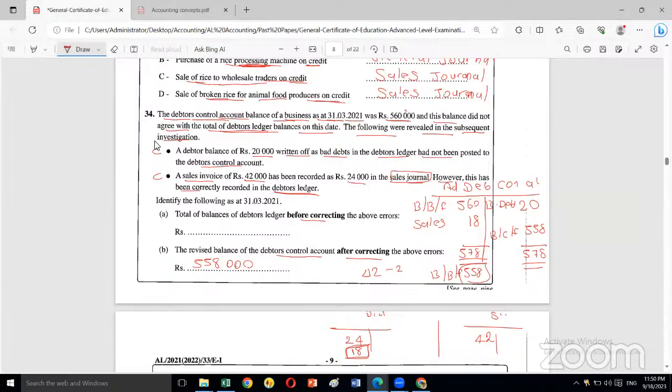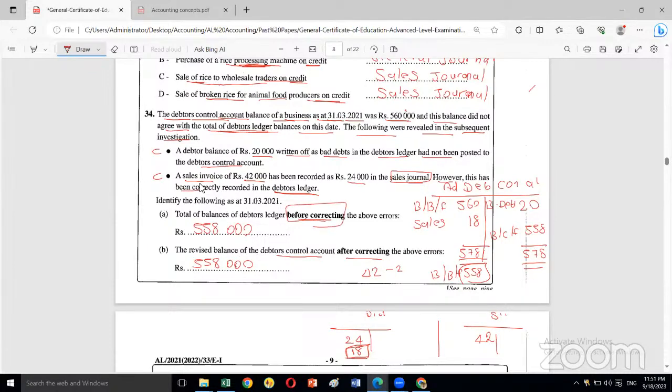They gave you two errors, and they made errors only in the control account. Did they make any error in the list? Very good. The answer is no. So the correct balance before correcting the error is also 558, and after correcting the error also 558, because they didn't make any error.